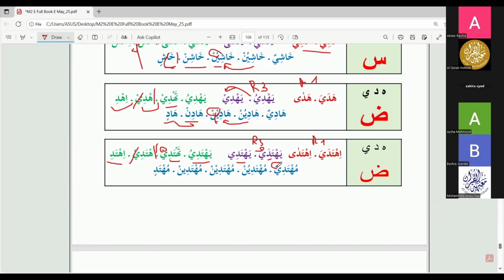Because the tanween is broken down again. Muhtadiyun becomes muhtadin because this dhamma changes to sukun. Then again, sukuns can be side by side and weakest letter should be gone. Muhtadin, muhtadin. This is after the ta'lil operation. This is the simplest version.